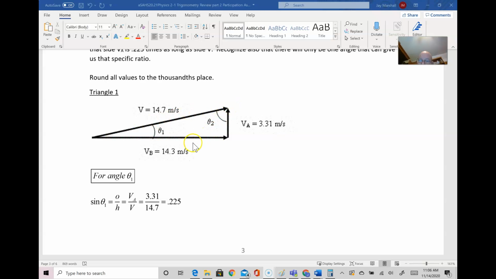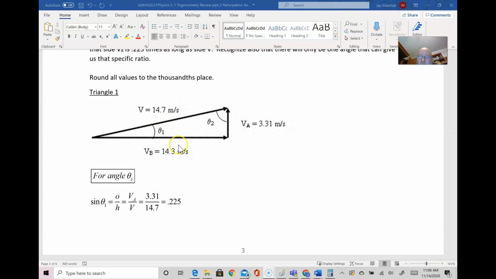The addition of this velocity plus this velocity gives me the velocity represented by this vector here. And if I do the Pythagorean Theorem, I can find out that the overall velocity, if I add these 2 velocities together, just like with my airplane problem, gives me 14.7 meters per second.